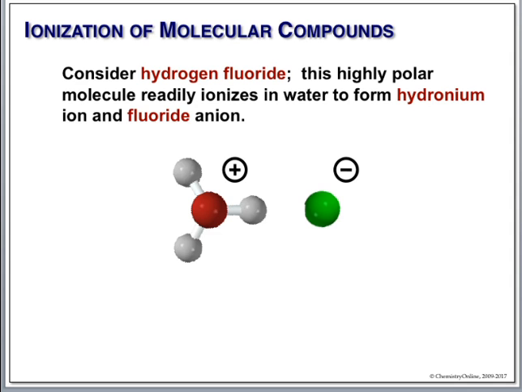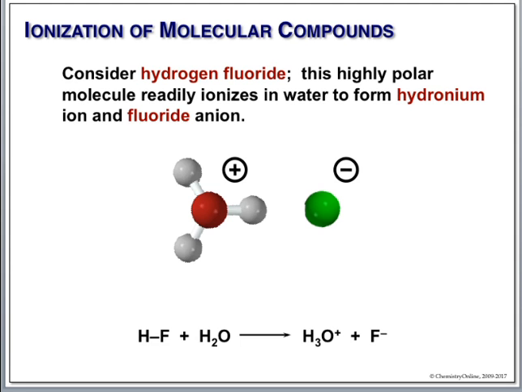This is what we refer to as an acid in solution. Anything that dissolves in water, where water is able to break the covalent bond and form hydronium ion, is an acid.